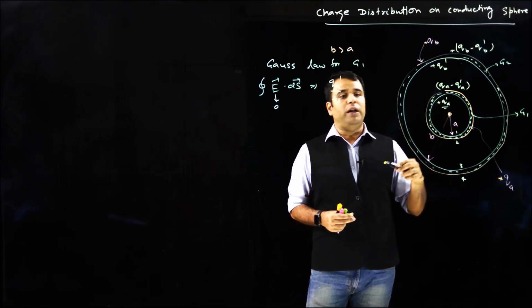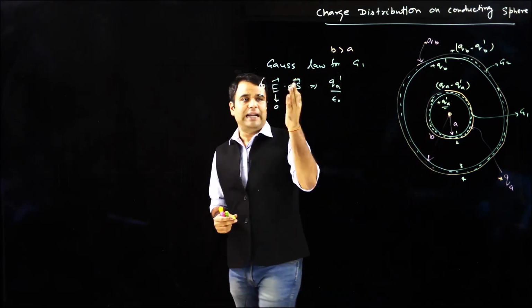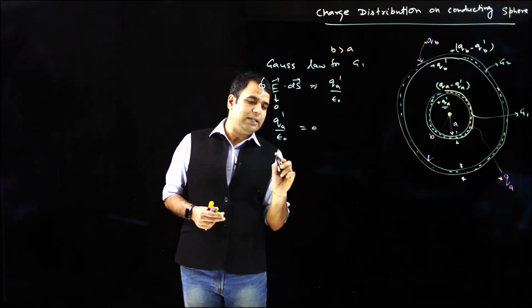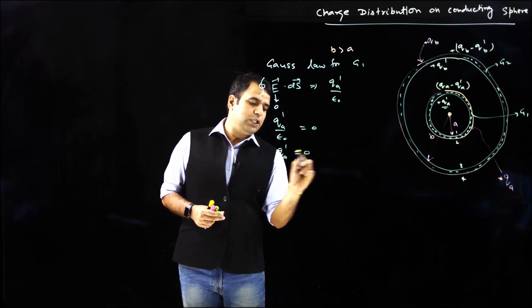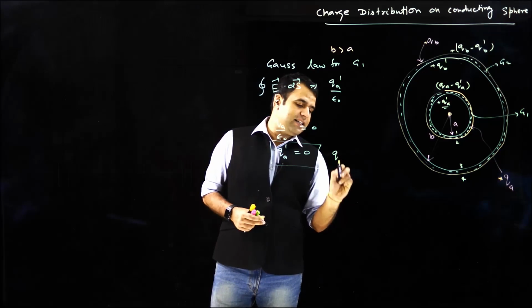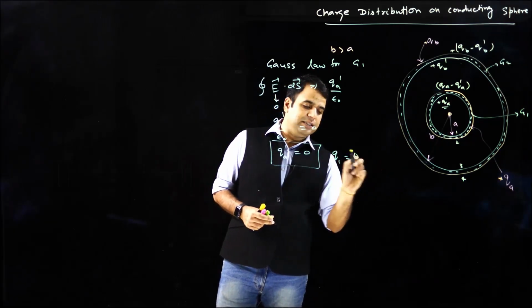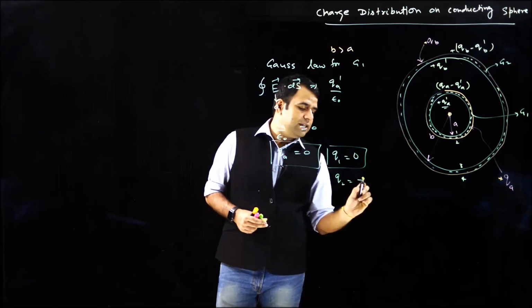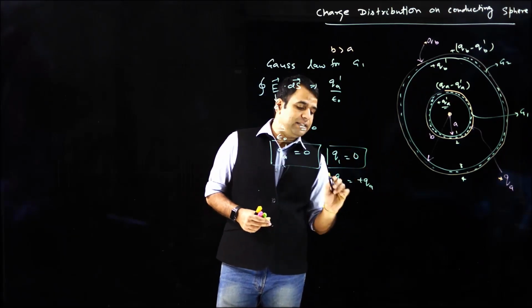That makes QA dash upon epsilon naught 0, and that makes QA dash 0. So the charge at surface 1, which is this surface, is 0, and the charge at surface 2, which is this outside surface, is QA, because QA dash is completely 0.